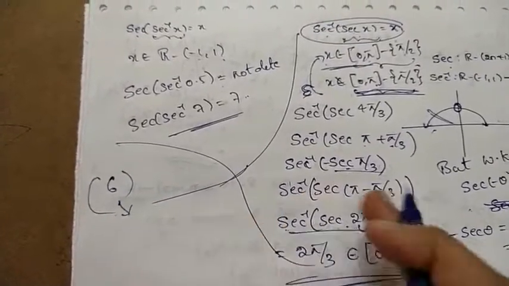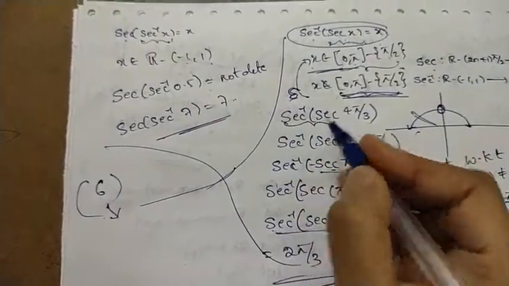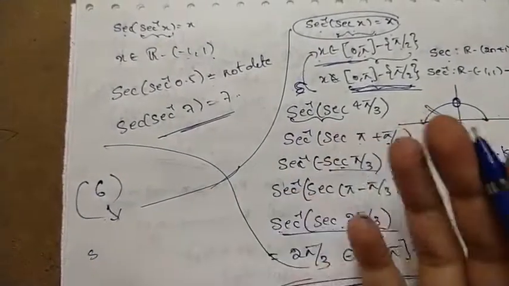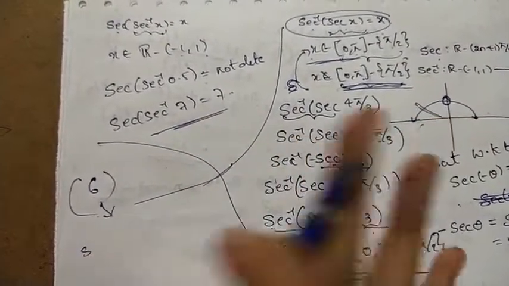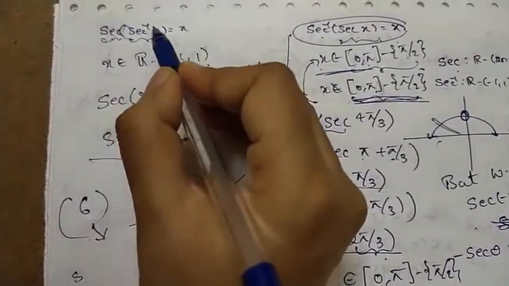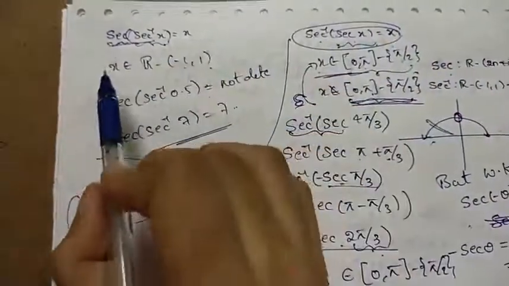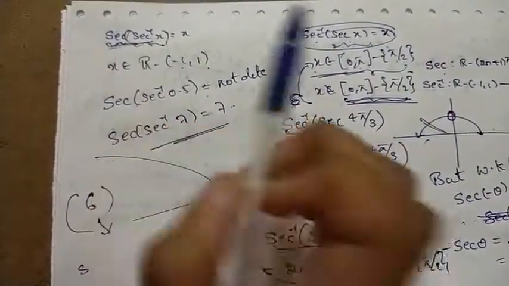It is purely based on all trigonometric functions in this format, that is sine inverse of sine, where both the function within the bracket and outside the bracket are inverse of each other.